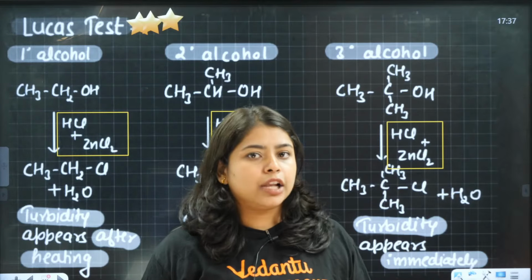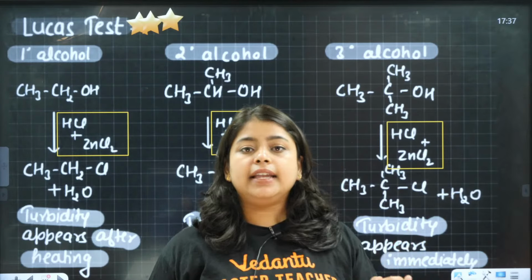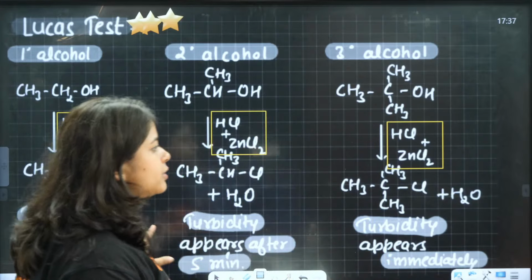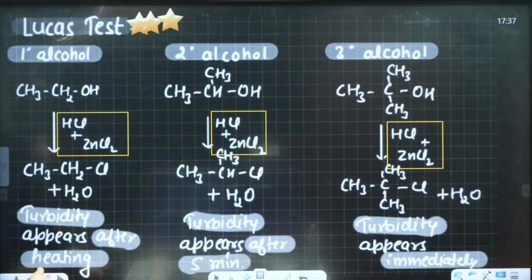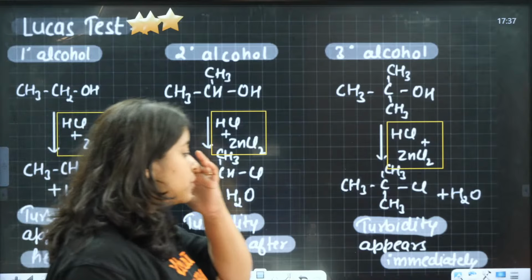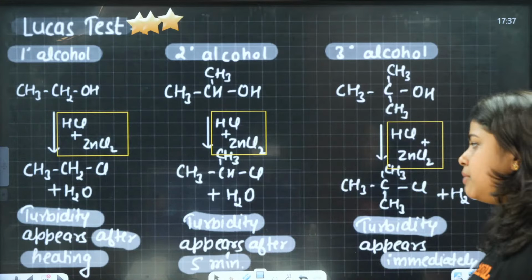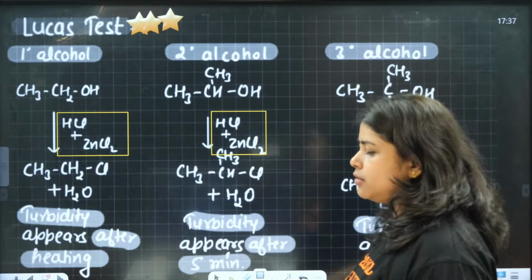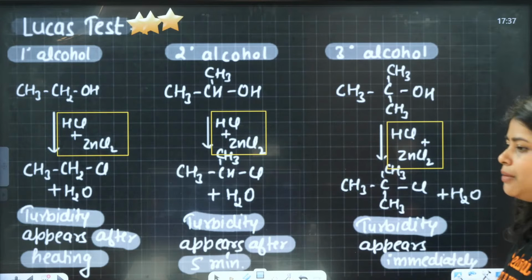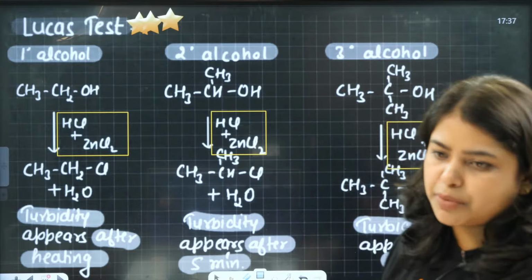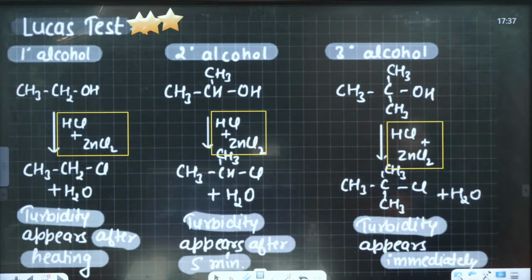In secondary it takes about 5 minutes, and in primary a bit longer, it may take more than half an hour, 15 minutes, but it might show in 10 minutes also, no problem. Primary shows after 10 minutes, secondary in about 5 minutes, and tertiary shows immediately, because carbon atoms are more, for that purpose tertiary shows immediately.